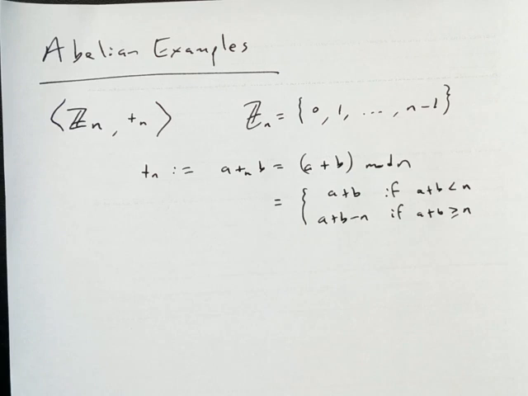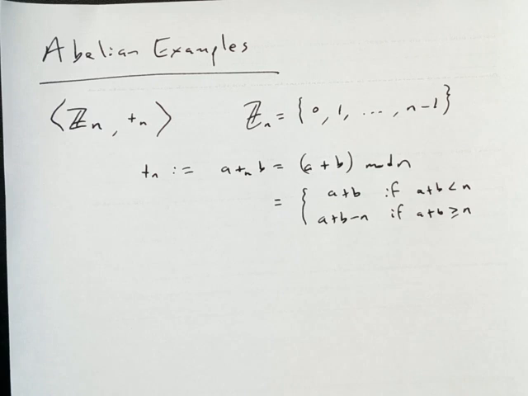I should verify this as a group. What are my 4 verification steps? Say again? Is it closed? If I added integers, I get an integer, right?